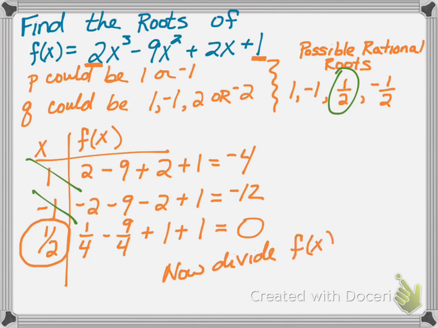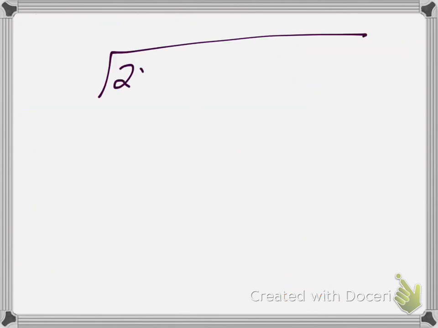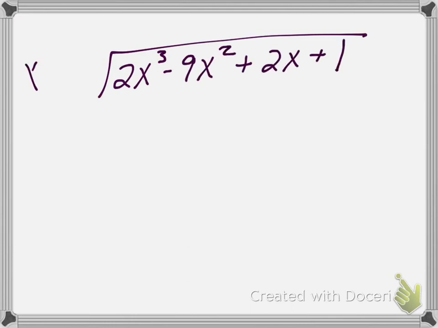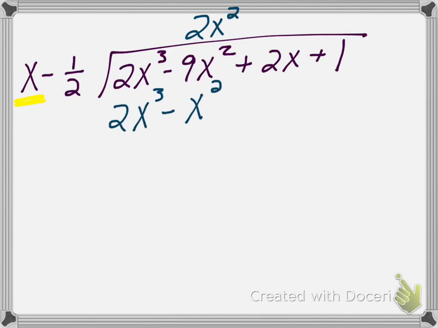Now we're going to divide our function by x minus 1/2. It's x minus whatever the root is. Okay, so all we have to do is look at our leading terms.